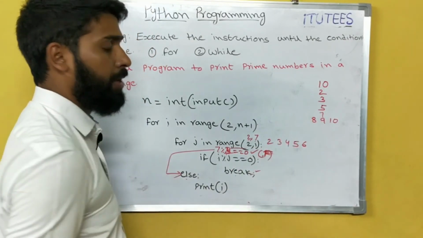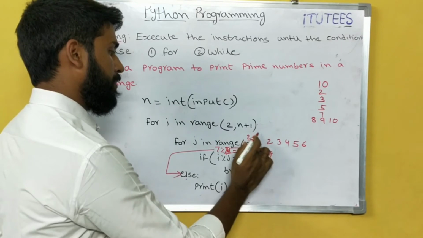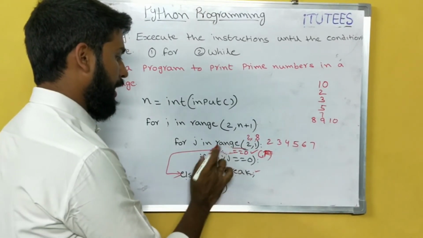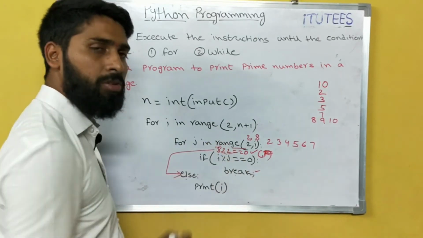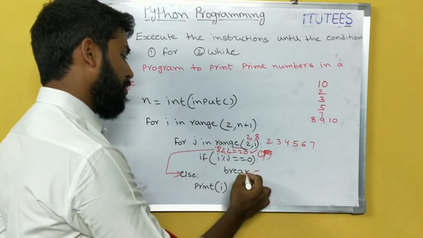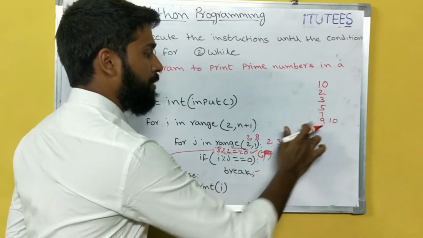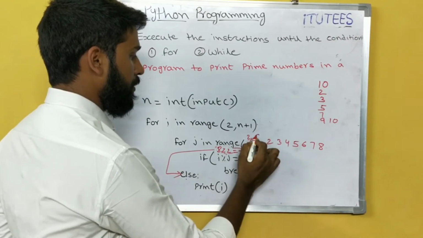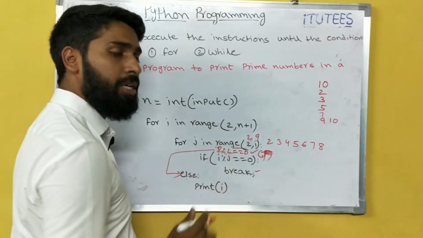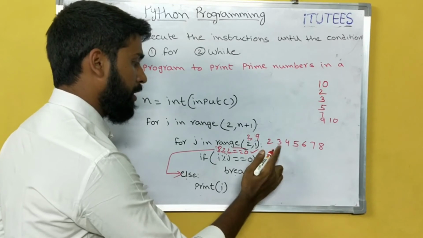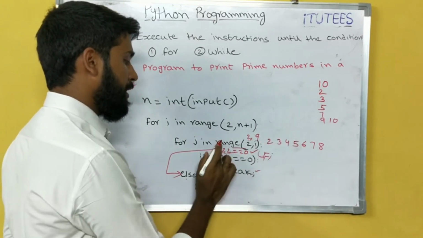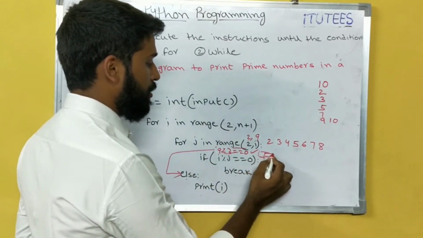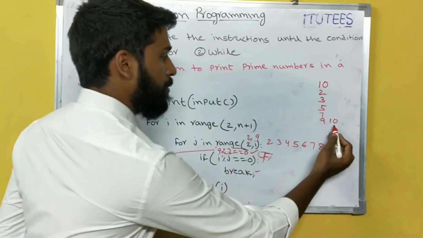Next i becomes 8. That means the range 2, 3, 4, 5, 6, 7. 8 % 2 equals 0. Yes, true. So break. Then i value becomes 9. 9 % 2 equals 0. False. But next time 9 % 3 equals 0. Yes, true. So break. Next it becomes 10.